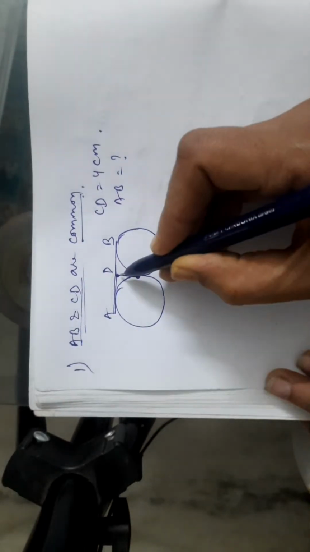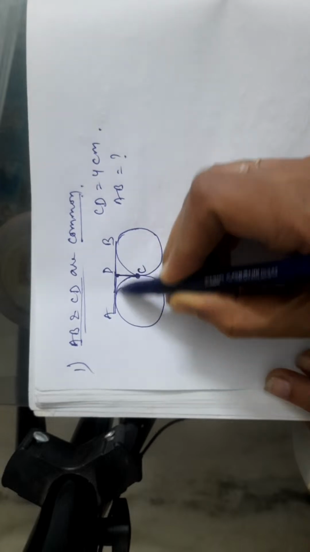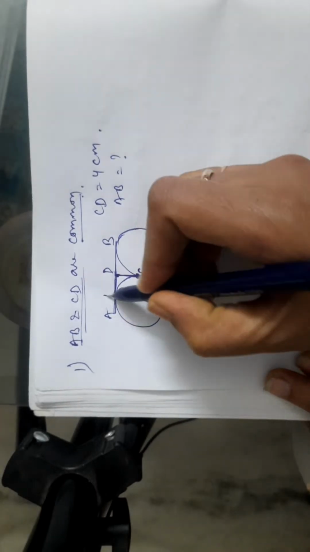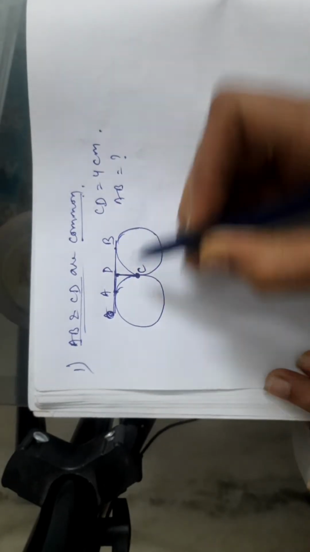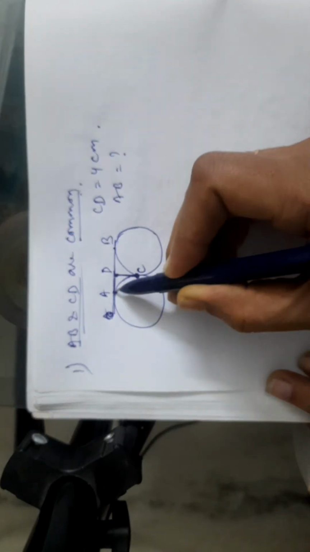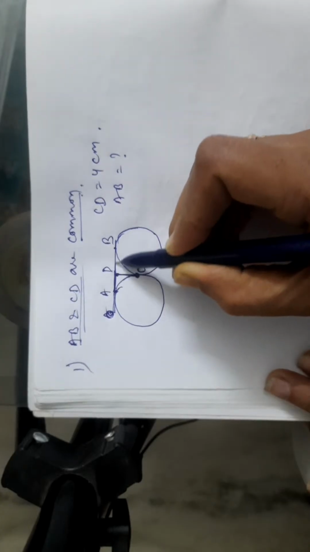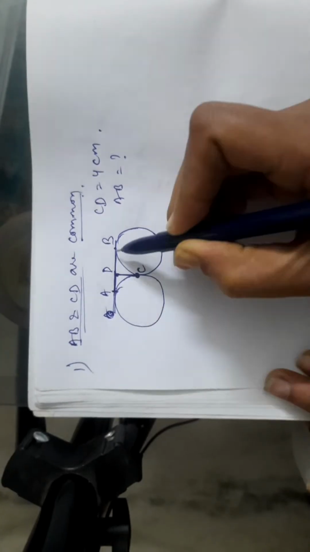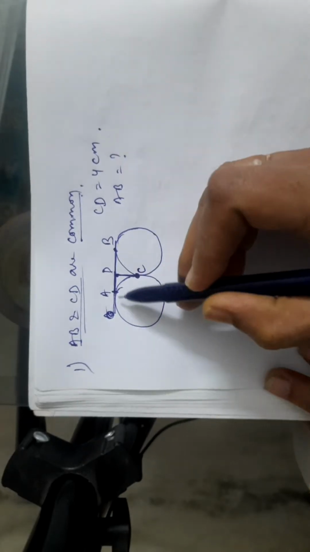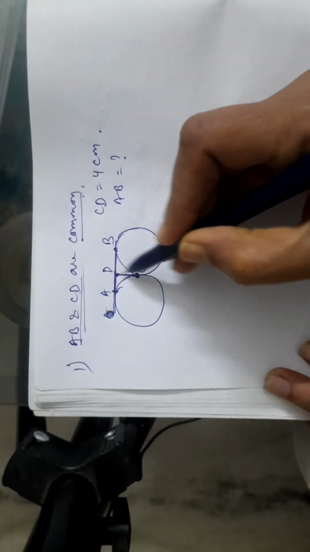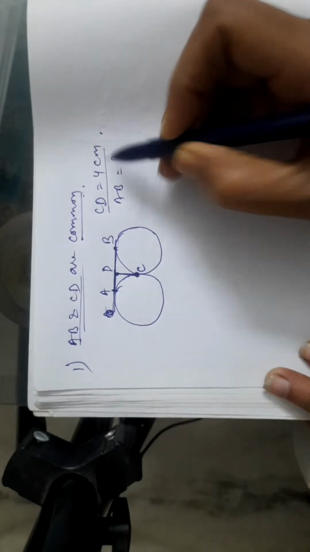Here these two are tangents. AB is a tangent, a line which touches the circle at one point, so the point of contact will be a single point. And this is CD. The value of CD is given 4.